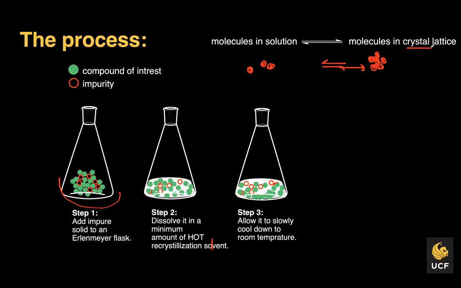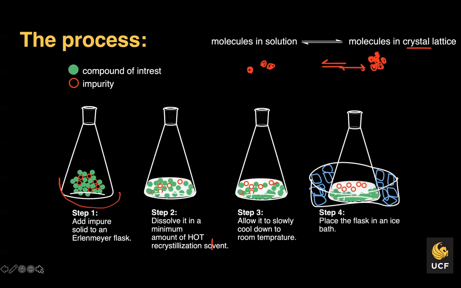To promote that, you would allow it to cool down very slowly to room temperature. And then you could also place it in an ice bath. If you watched the video that was posted, you would have noticed that the crystals began to form while it was at room temperature.